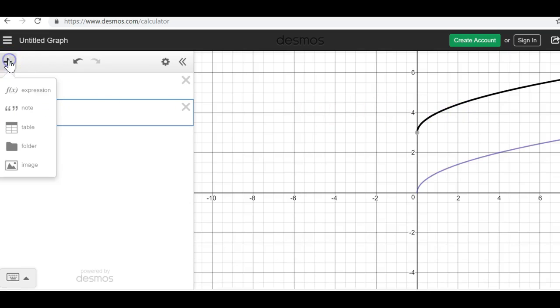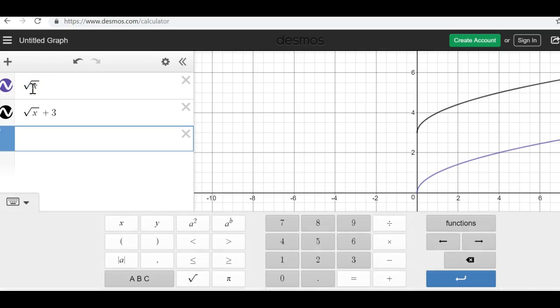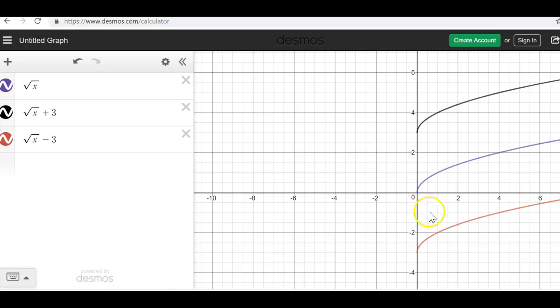Let me show you what happens if we have one more. Square root of x, and say, for instance, instead of adding a 3, I'm going to subtract 3 units. So let's see what happens to our graph.